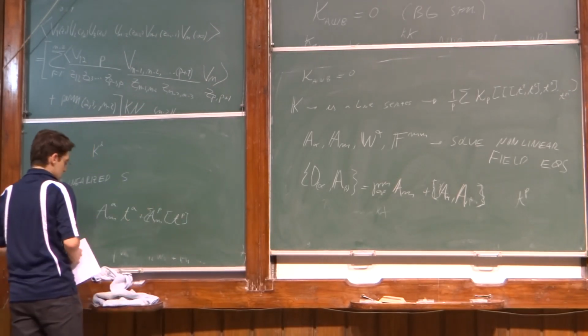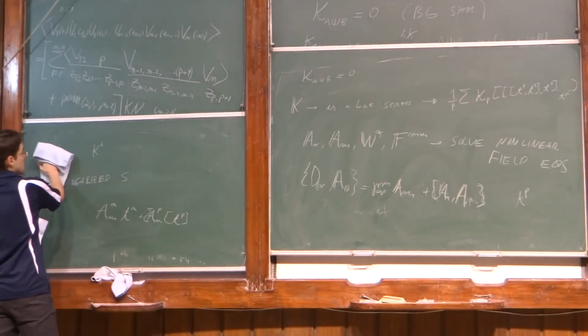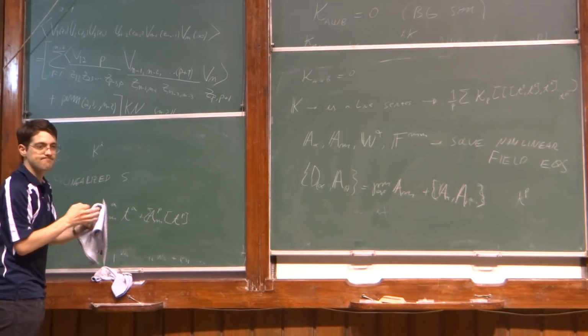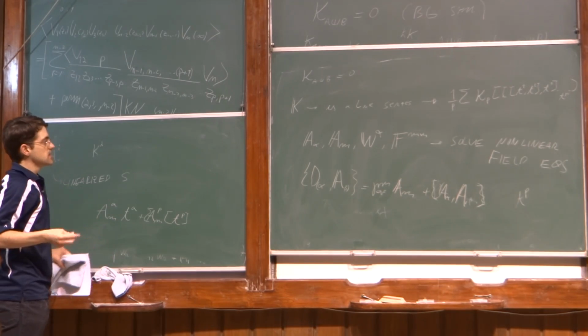There are lots of things that I could say about this. If one tries to do a similar thing in the full string theory, do you expect to get the high derivative corrections to the effective action?